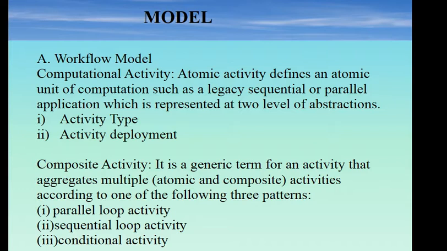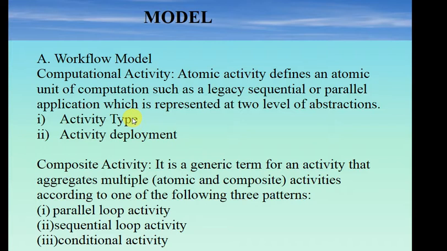Here the workflow model consists of two activities, a computational activity and a composite activity. A computational activity, the atomic activity, defines an atomic unit of computation, such as a legacy sequential or parallel application, which is presented at two levels of abstraction: first, activity type, and second, activity deployment.